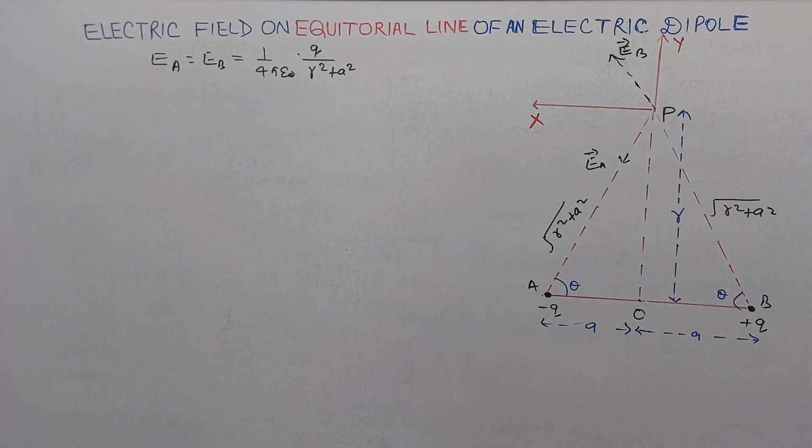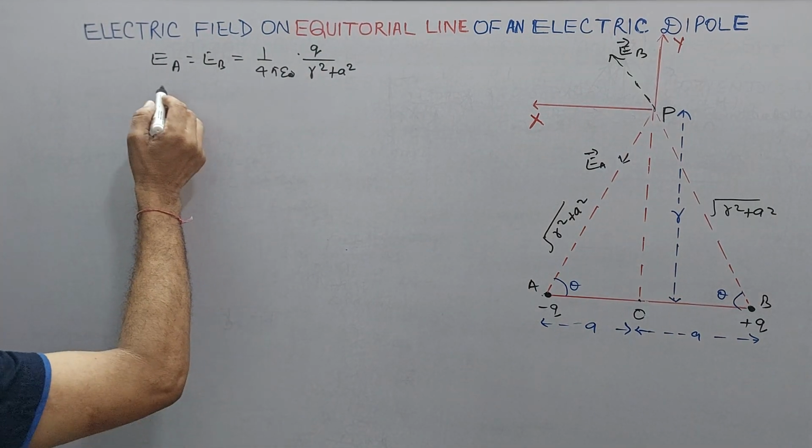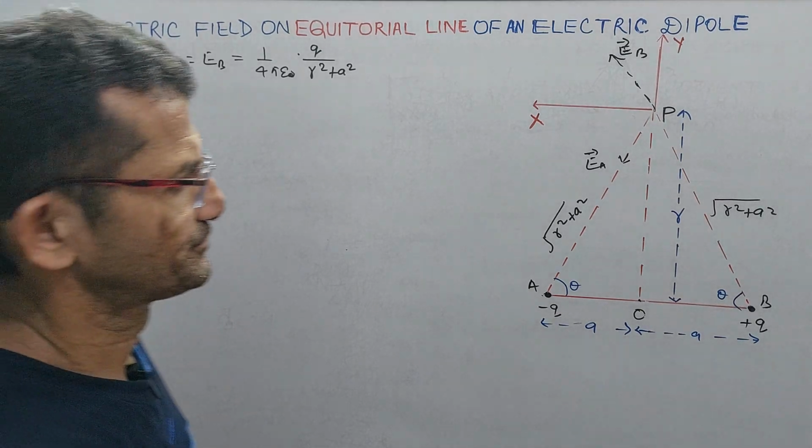So this is the value. Now the resultant field will be here.